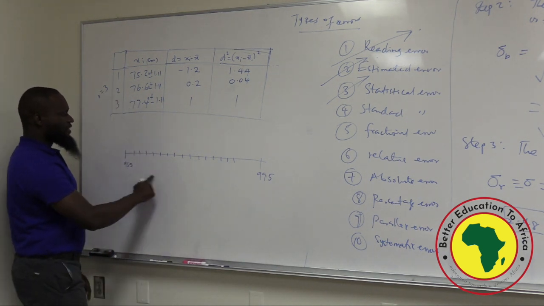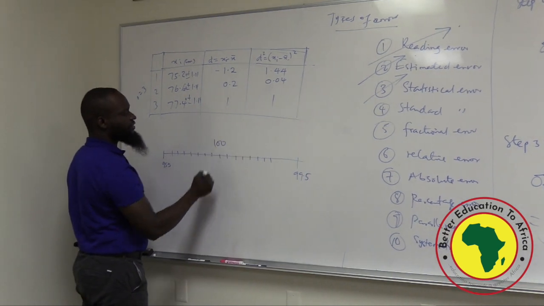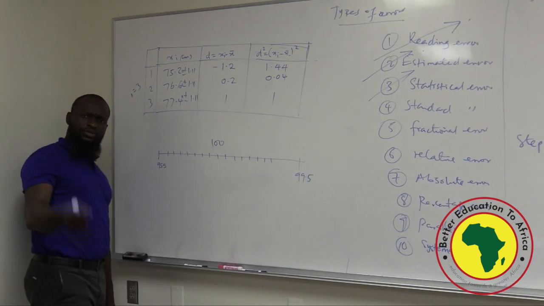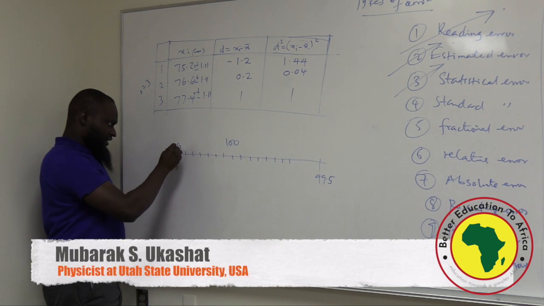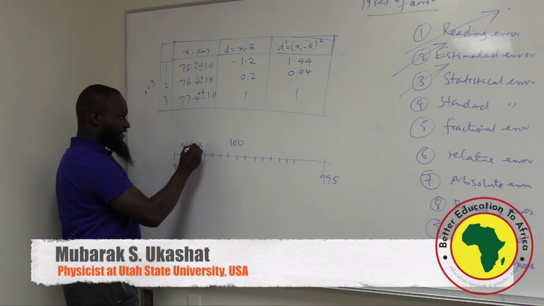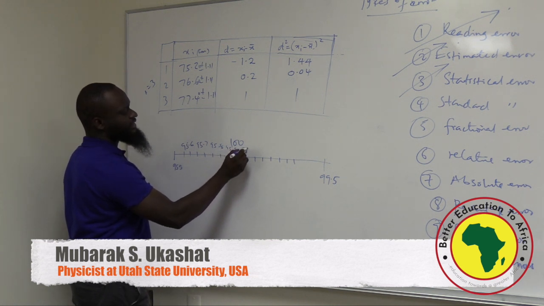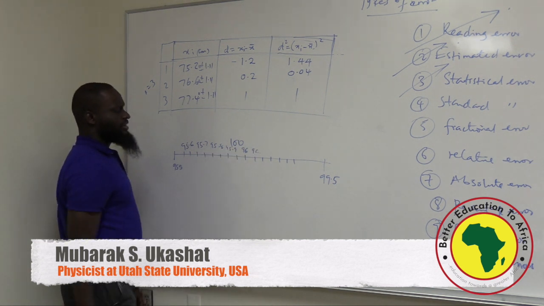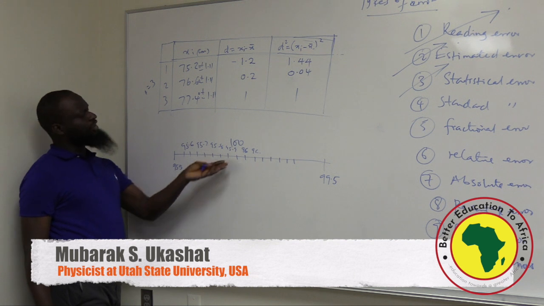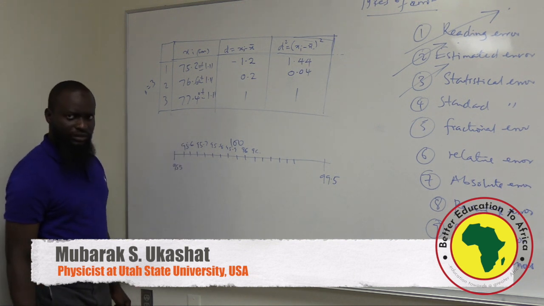Every time you measure this table, you get 95.5, 95.6, 95.7, 95.8, 95.9, 96, 96.1, like that. You keep getting different values, up to 100 of them.